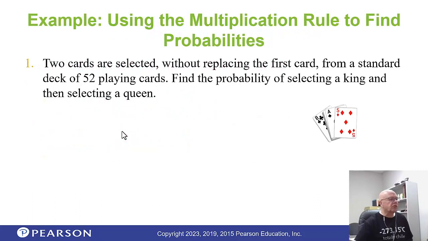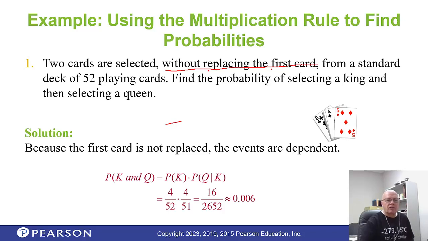All right, let's try an example to solidify that information. We're going to pick two cards, without replacing the first card. Find the probability of selecting a king and then selecting a queen. Let's see. The probability of selecting a king is right here.